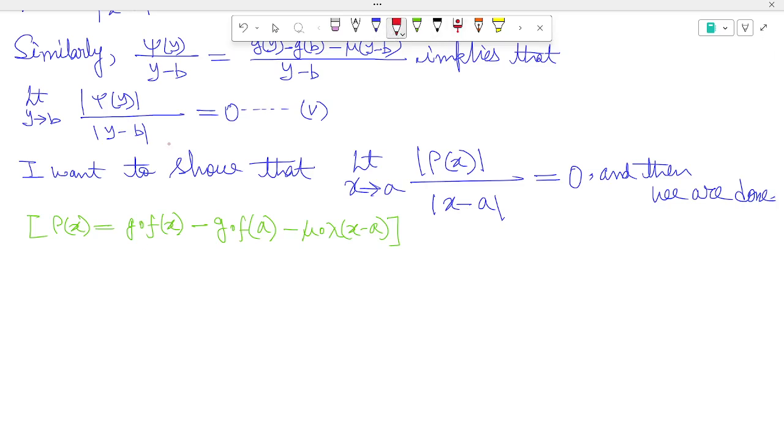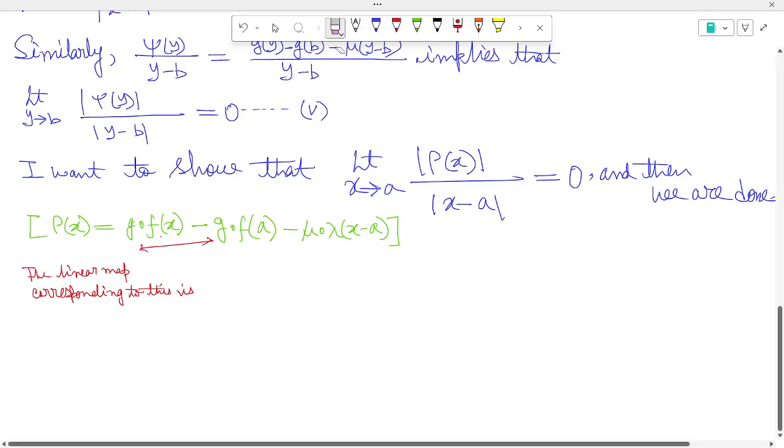Why? This thing, g compose f x, what? The derivative corresponding to this is the linear map. Consider the first two terms.